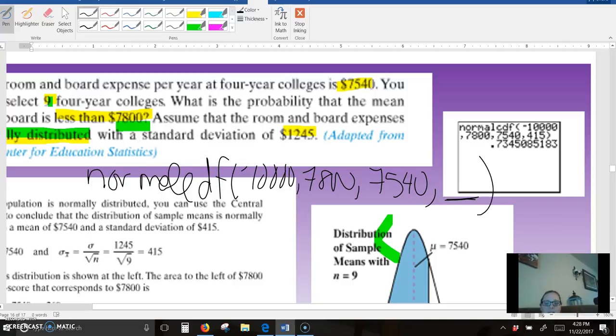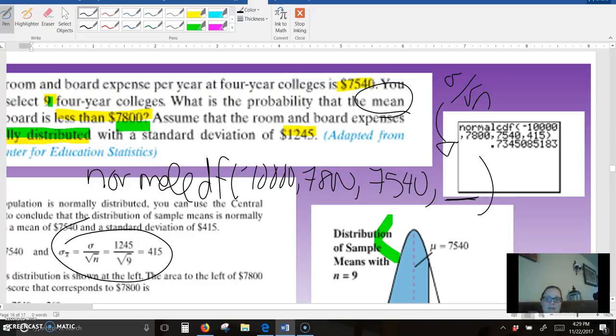Because it says, what is the probability that the mean? It doesn't say an individual. Since it doesn't say an individual, we need the standard error. And the standard error is the standard deviation divided by square root of n. Right here. So we fill it in and do our formula, and we get 4.